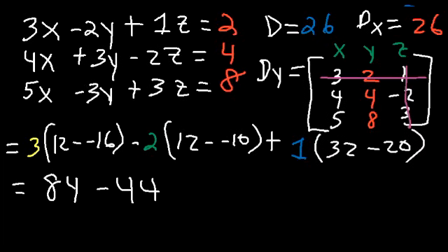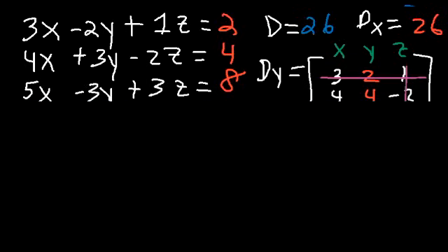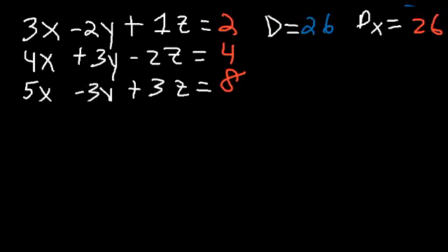And then 32 minus 20 is positive 12. So 84 minus 44 is 40, plus 12 is 52. So dy is equal to 52.